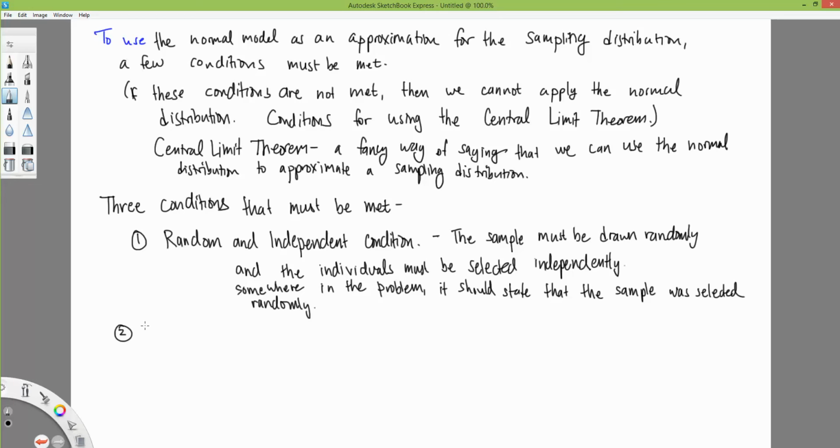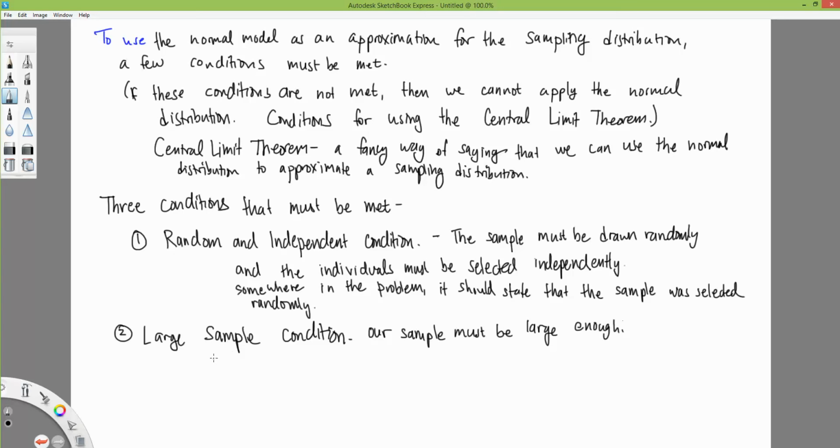The large sample condition. This basically says our sample must be large enough. Now how do we know what is large enough?